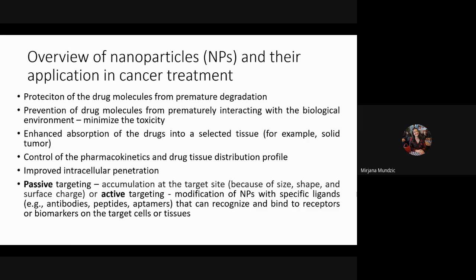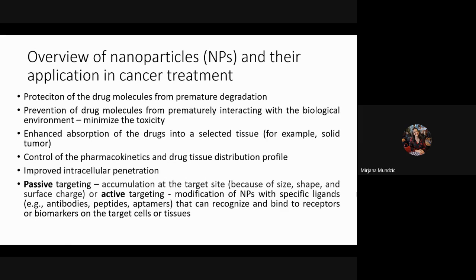Passive targeting is the accumulation of nanoparticles loaded with different dyes, drugs, or contrast agents. Those nanoparticles accumulate at the targeted site because of their surface charge, shape, or size. But what is more interesting is active targeting. That is the possibility for the modification of nanoparticles with, for example, aptamers, antibodies, or peptides.